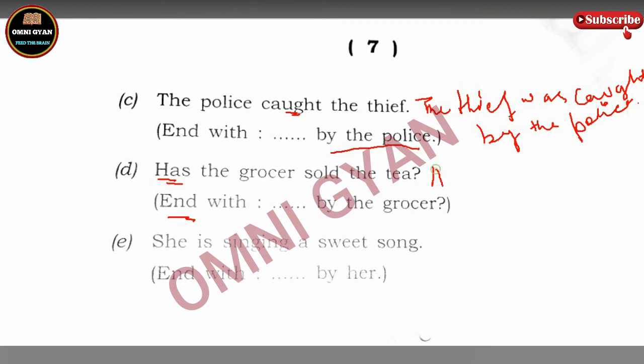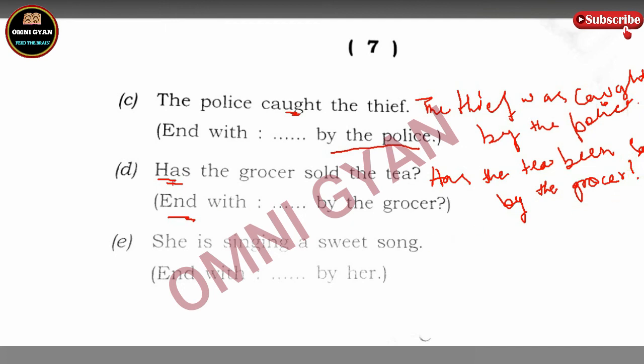So has the tea, you have to put a been here, been sold by the grocer. Has the tea been sold by the grocer?